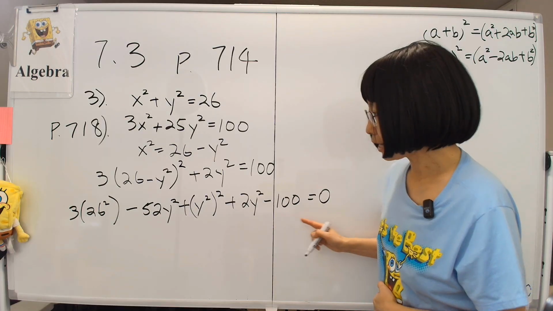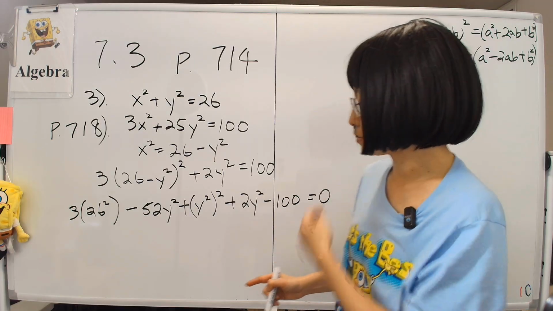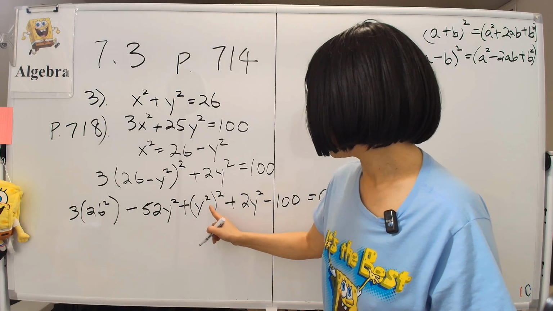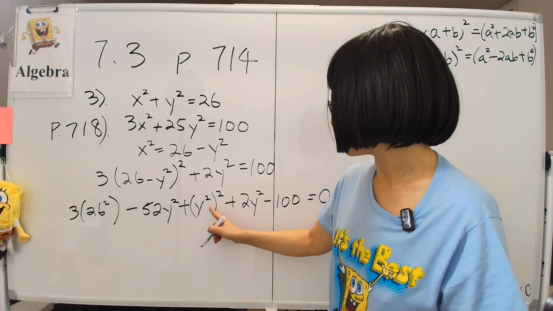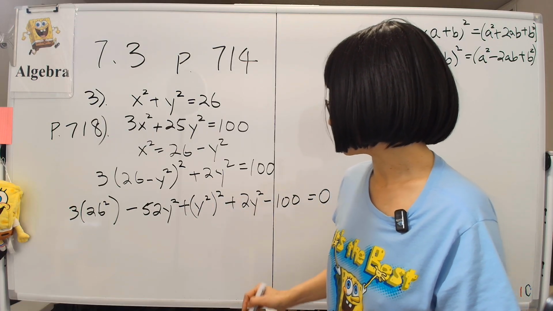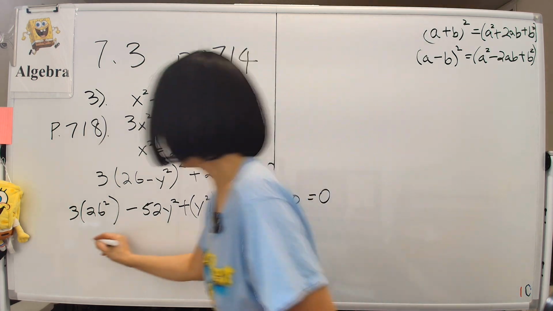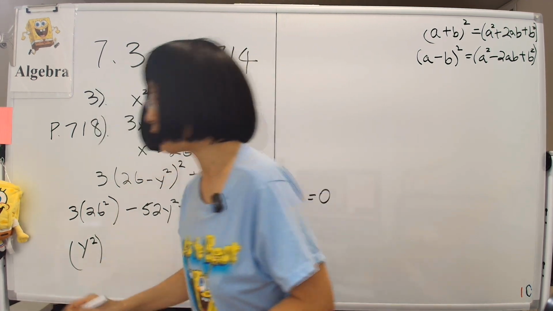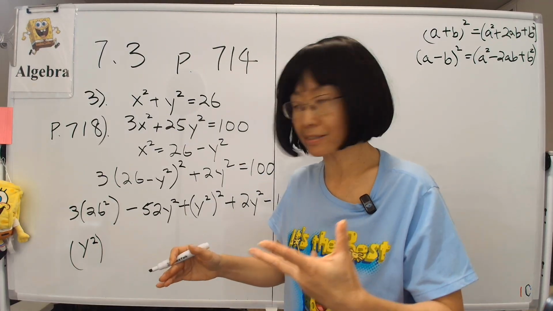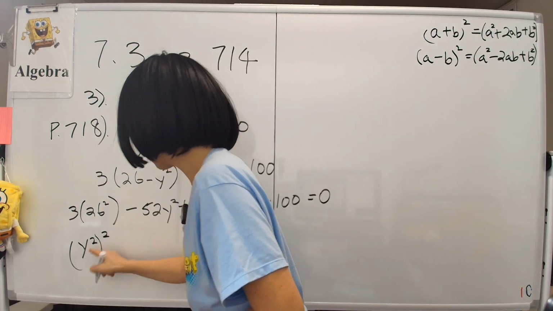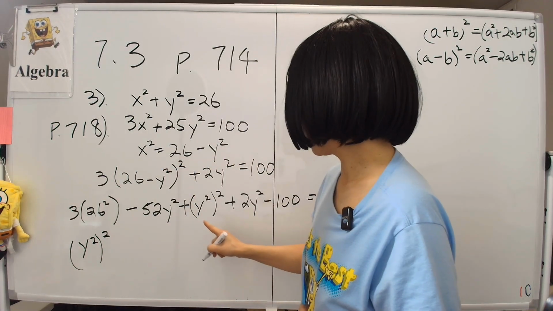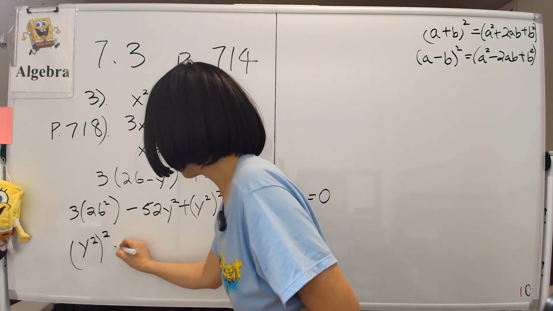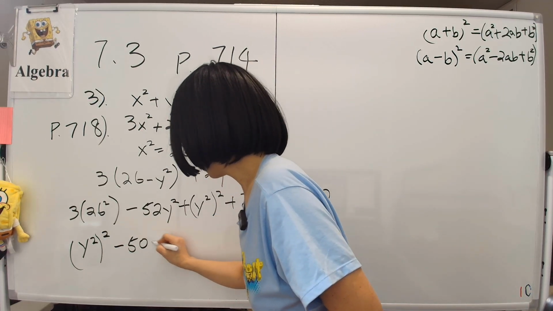And so we have this thing, and now we have to add stuff up. First we'll find the highest power. This is y squared squared, so we will write that down. Remember, right now we're treating y squared as one variable, like x, so this is like saying x squared. Then there's minus 52 plus 2, that's minus 50 y squared.